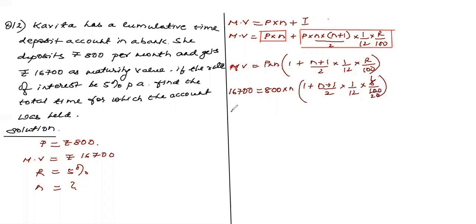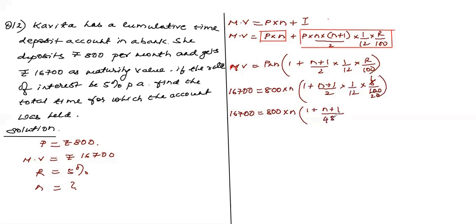So what happened, children? 16,700 equals 800 into n, and inside this bracket, 1 plus n plus 1, the whole thing upon 2 into 24, 2 into 2 12s are 24, 24 2s are 48.